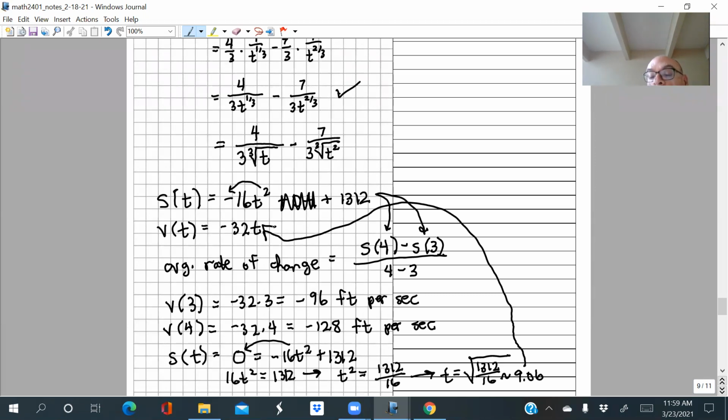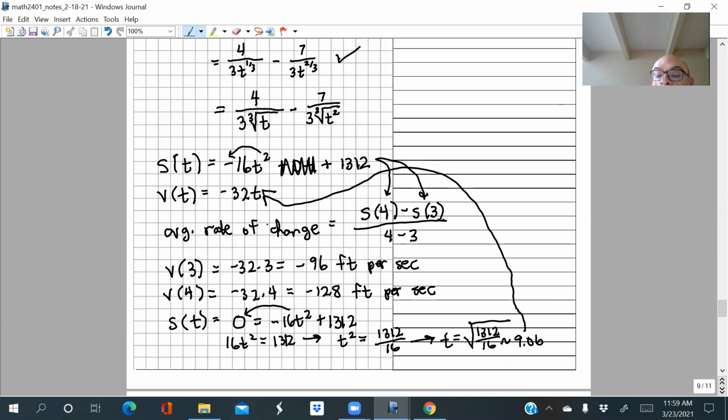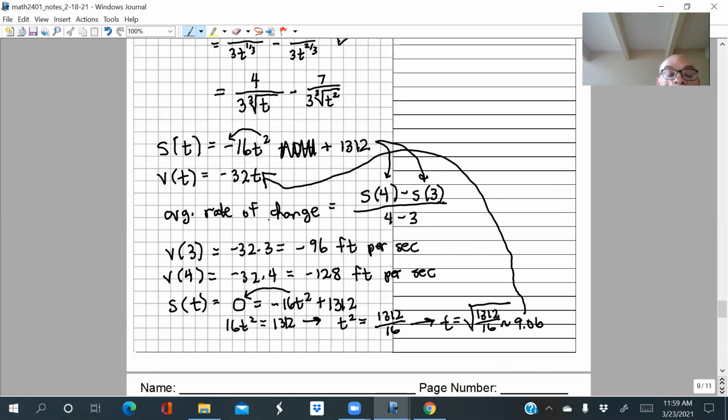Okay, so take the 9.06 and plug that into the velocity formula, and that will tell you the velocity after 9.06 seconds, which is when it hits the ground. So we just calculate v of 9.06.